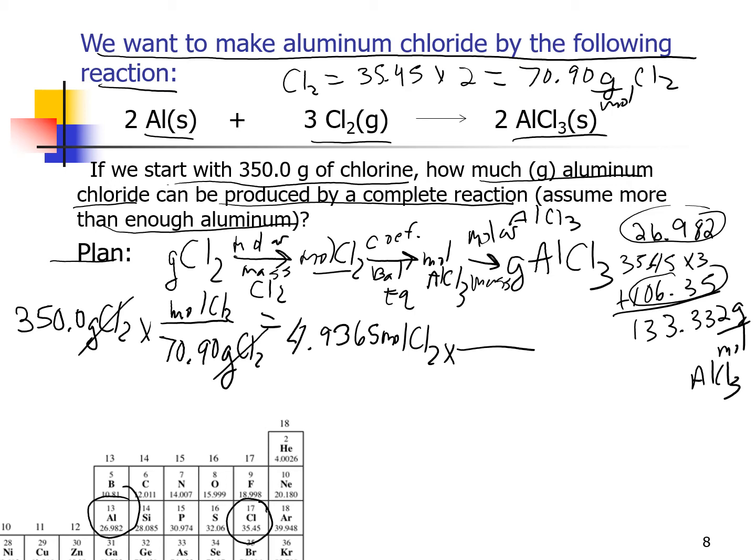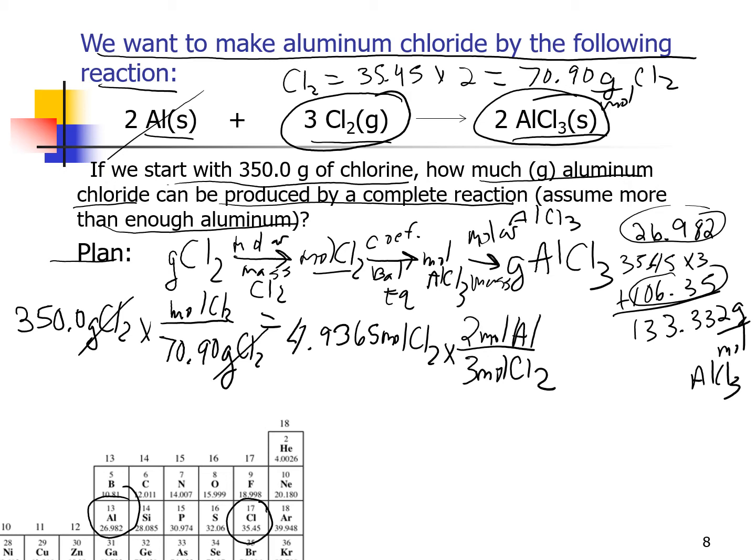So we go back to our balanced equation, and we have 3 moles of chlorine will produce 2 moles of aluminum chloride. And remember, we had plenty of aluminum, so we don't have to worry about aluminum at this point. So 3 moles of chlorine, we can write at the bottom of the fraction, and 2 moles of aluminum chloride will go at the top.